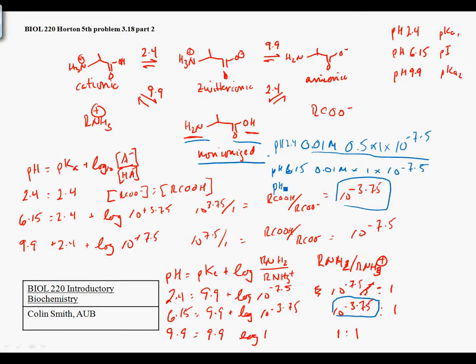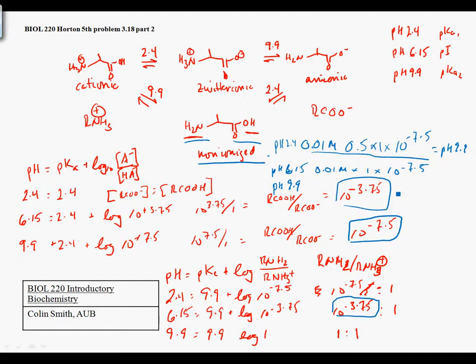And at pH 9.9, we have something similar to pH 2.2, in which the amino group is going to be half neutral and half ionized, and the carboxylic acid group is going to be a very small number, 10 to the minus 7.5. So we're going to have the same answer here, which is also true at pH 9.9. So that's a very small number. The book concludes reasonably that this is insignificant.